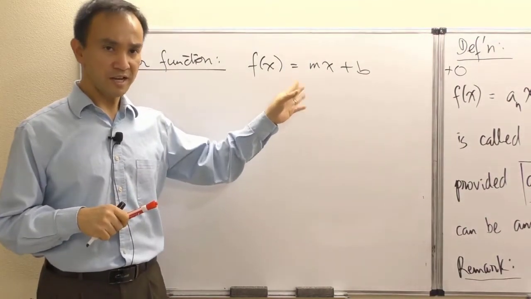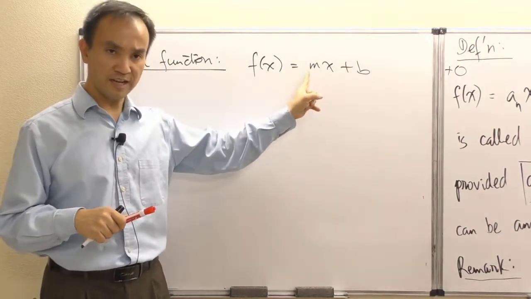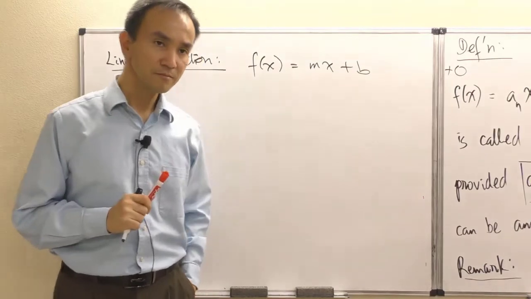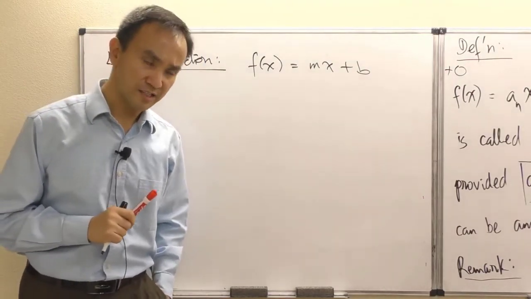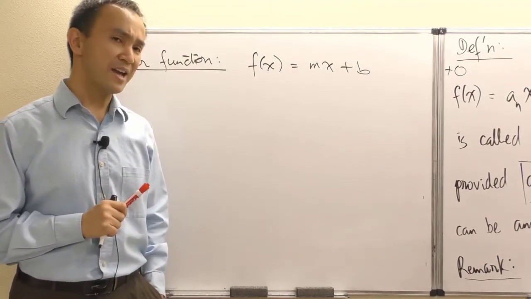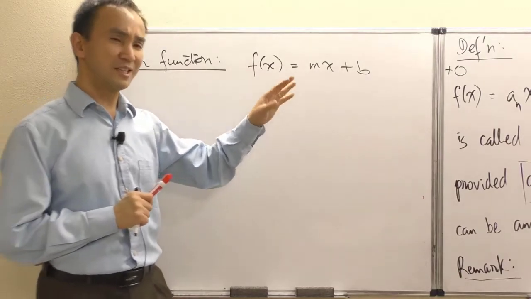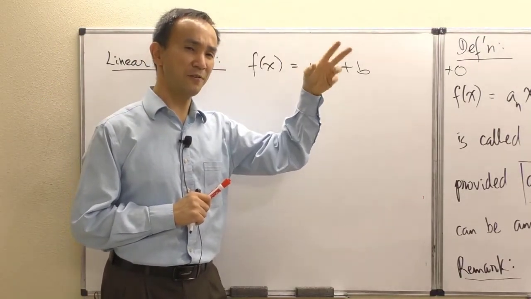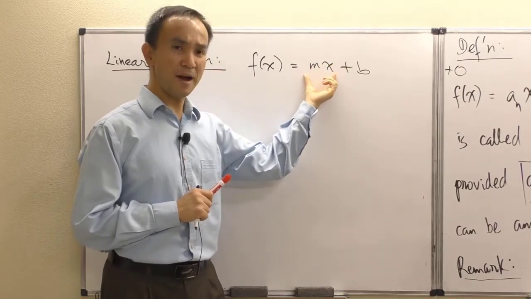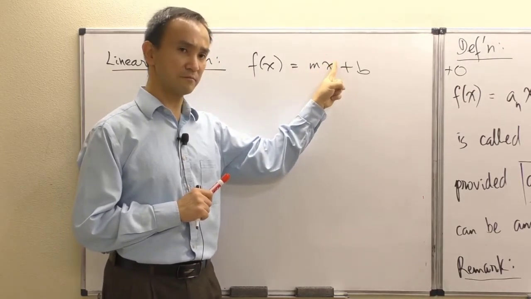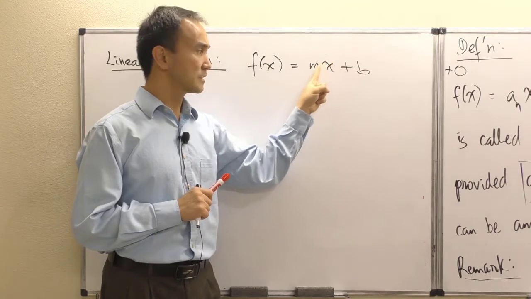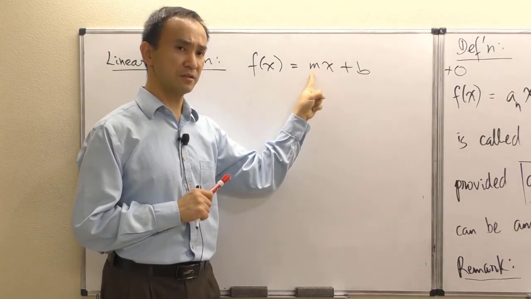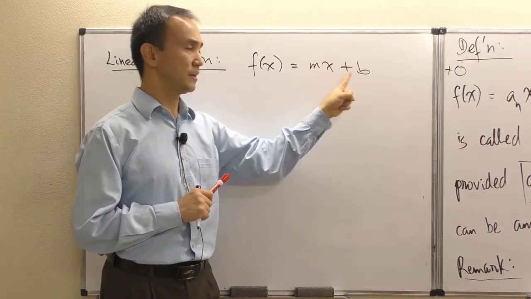Up until this day, we're still calling that slope-intercept anytime we would like to see that as a linear function. But now, if we're looking at this a little more closely, as a sum of power functions, isn't that a power function? This is power 1. Leading coefficient m, and this is a constant term.